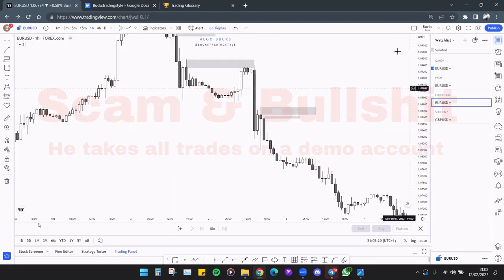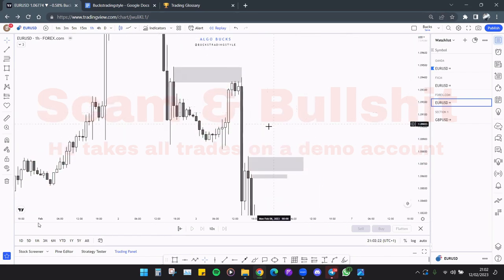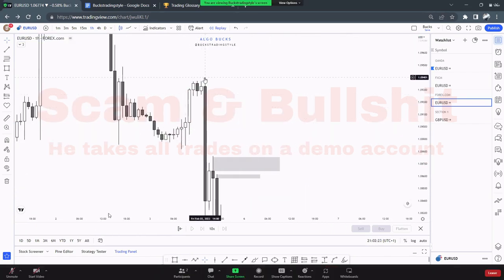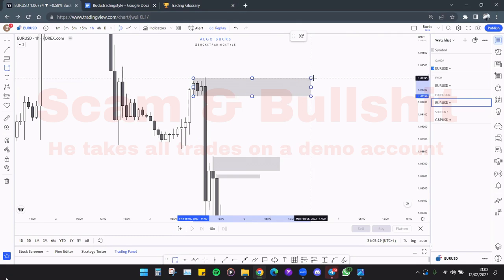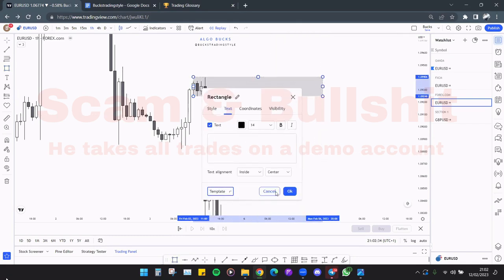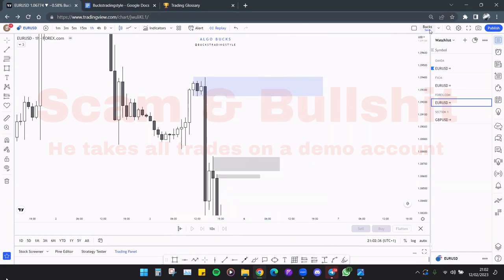Now, see something. If we want to mark our supply zone, we can mark this whole range. Some people do mark this whole range as their valid supply zone. Now, remember I said wicks are refinements on lower time frames.